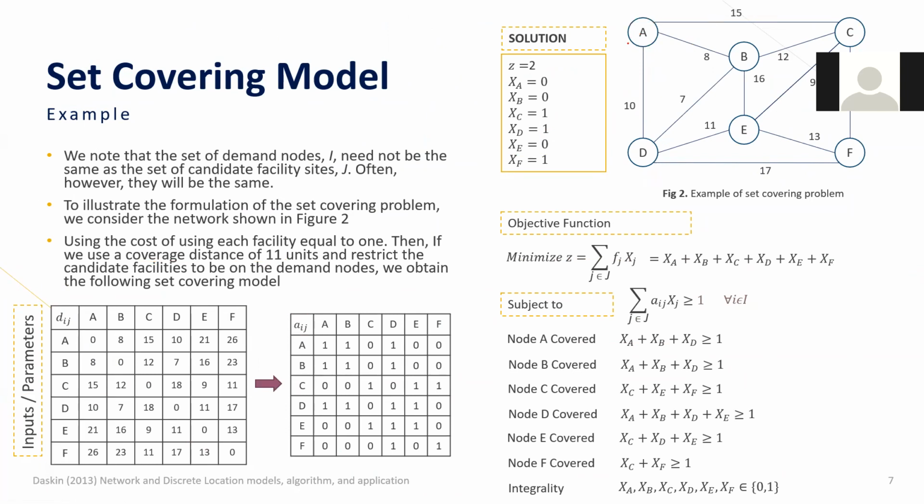Here we have 21 from A to E, 10 plus 11, 21. Here we have 18 plus 24. So 21 is the smallest, and it's clearly greater than 11, so it's not covered.